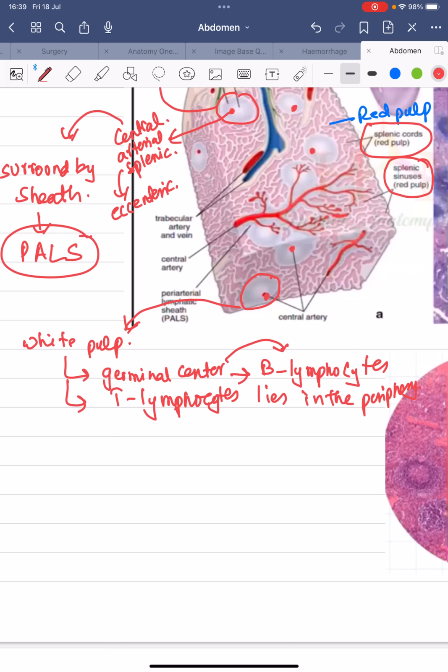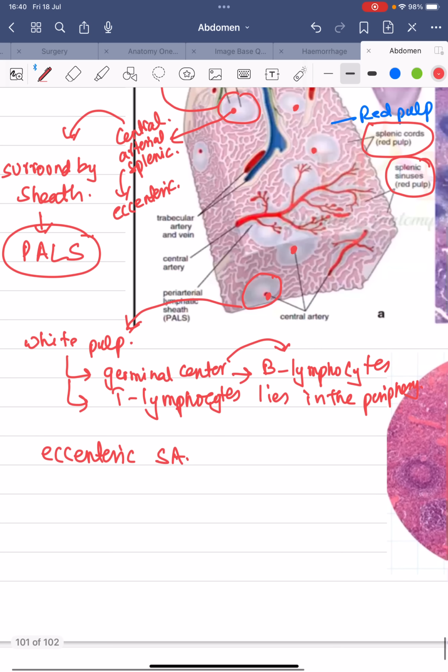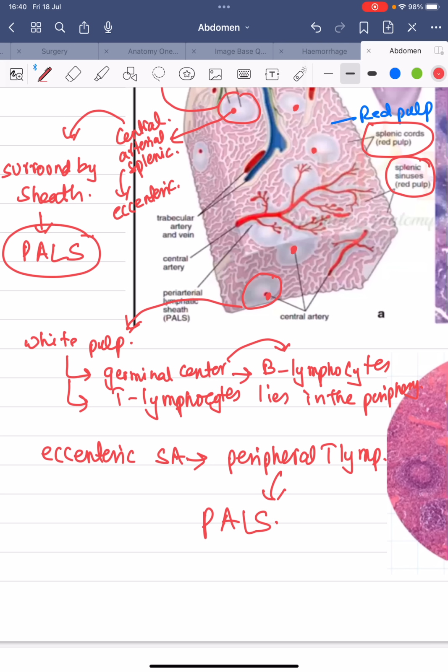When this eccentric splenic arteriole is surrounded by peripheral T lymphocytes, it is known as PALS, the periarterial lymphatic sheet. Now see this diagram, all students.